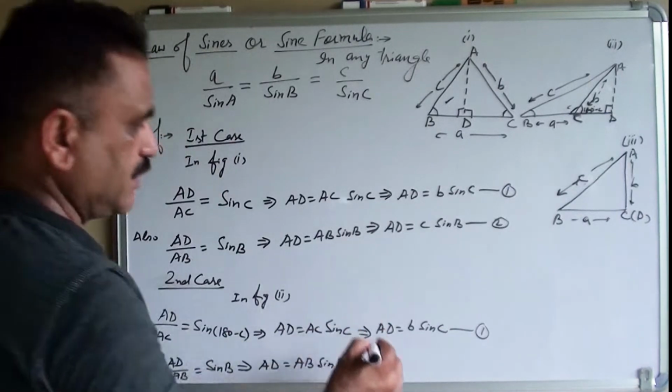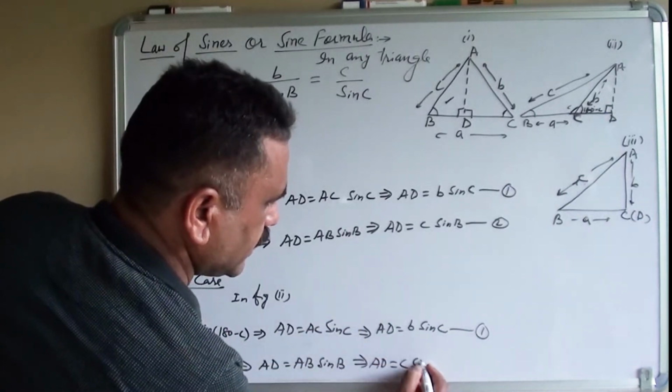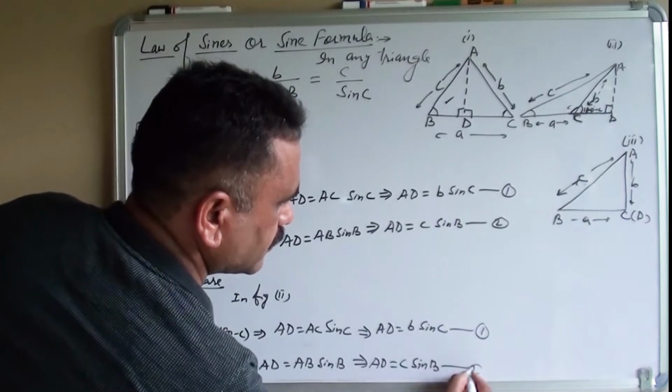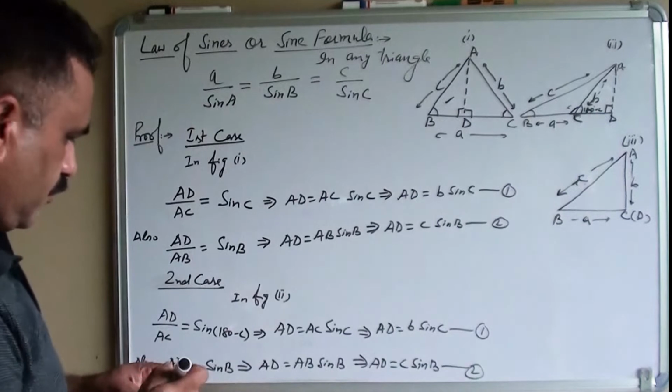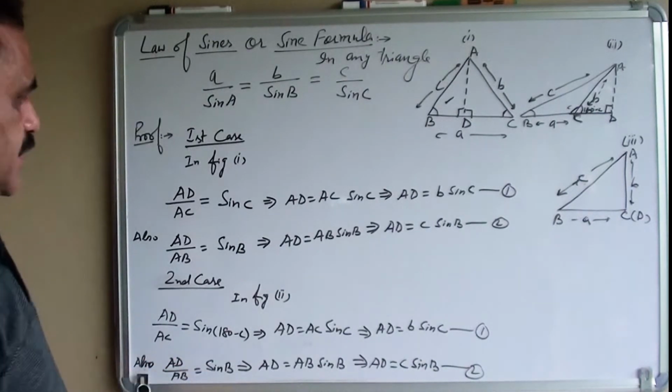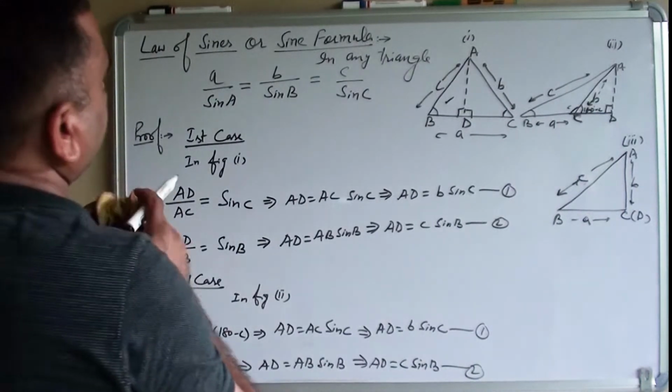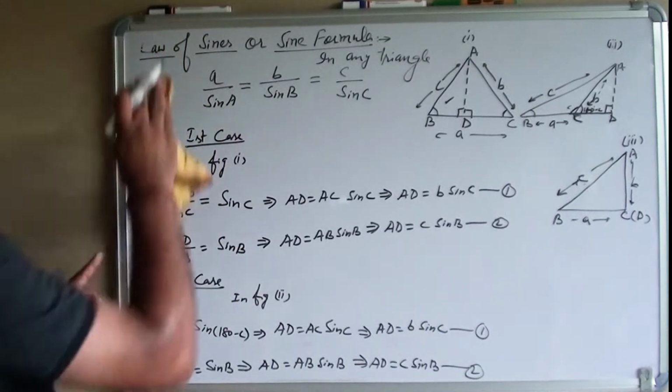That is equal to c. So c sine B. So this is equation number 2. Now, this is the second case. Similarly, we can see it for the third case.